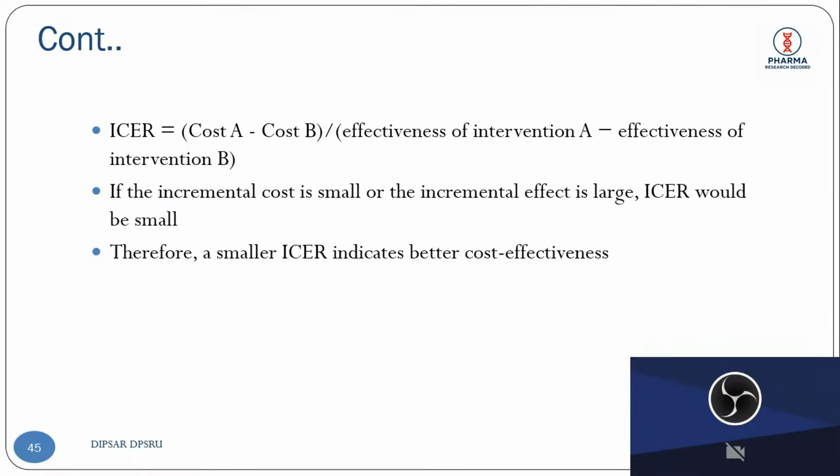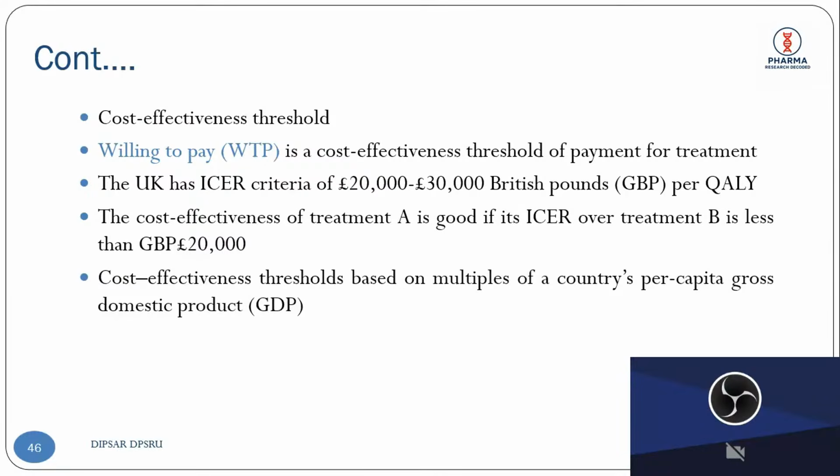So a smaller ICER indicates better cost effectiveness. If your ICER increases, that means the cost has increased and effectiveness is less, right? So if the incremental cost is small or the incremental effect is large, ICER would be small. Is it clear? So when we talk about cost effectiveness analysis, we talk about ICER, the incremental cost effectiveness ratio.